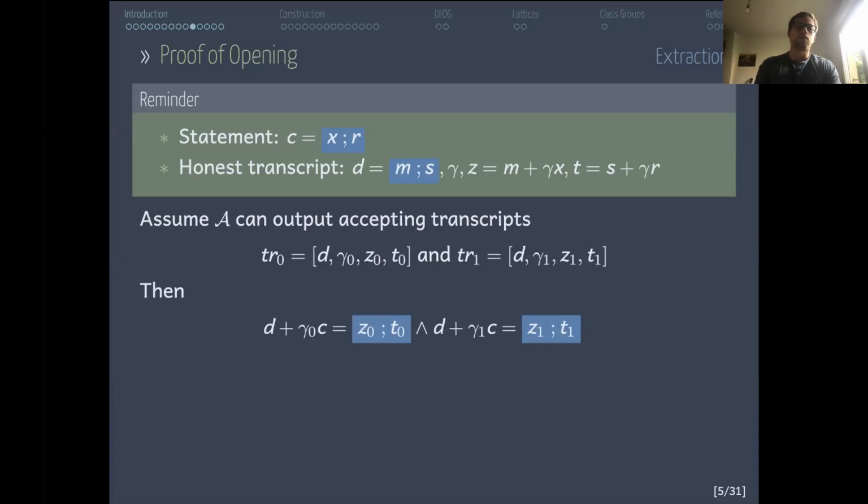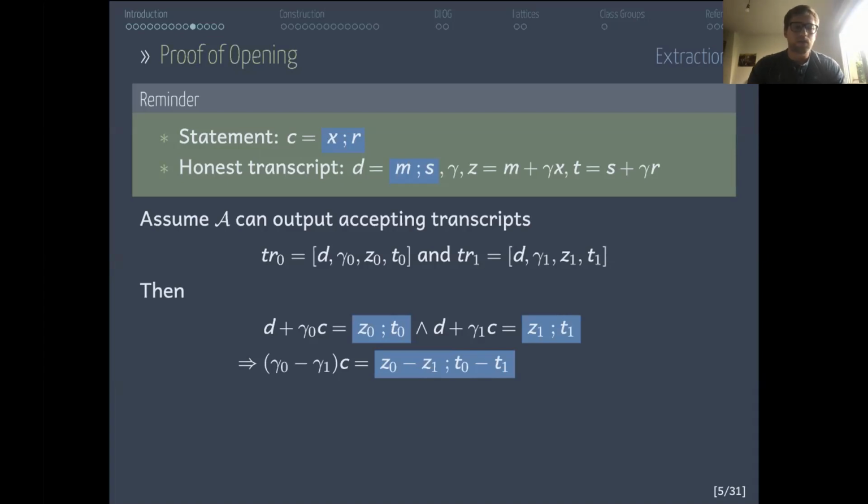So we know that this will hold for an accepted transcript. I should have written accepted transcript. So this is what the verifier checks, and now we can just subtract the right side from the left side, and we get this equation.